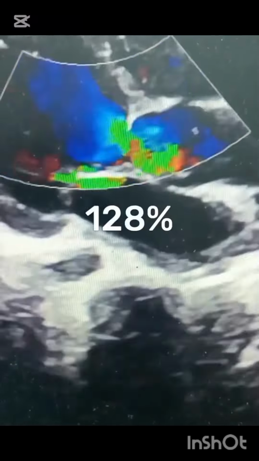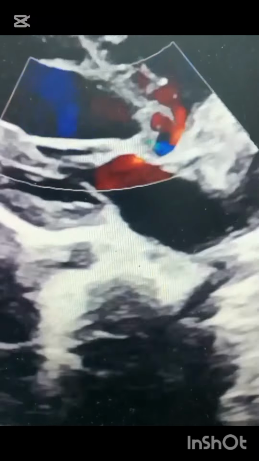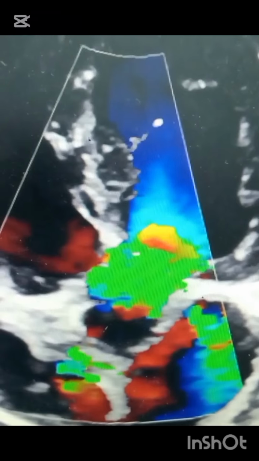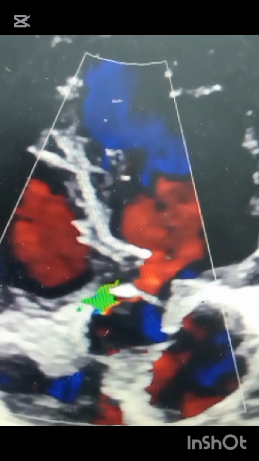The ridge narrows the outflow tract, forcing the left ventricle to pump harder, leading to left ventricular hypertrophy and pressure overload. Findings of subaortic stenosis are usually seen in 2D views.